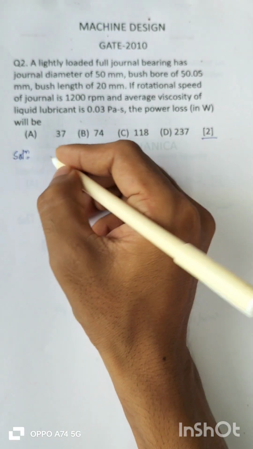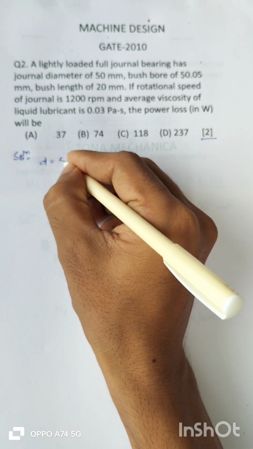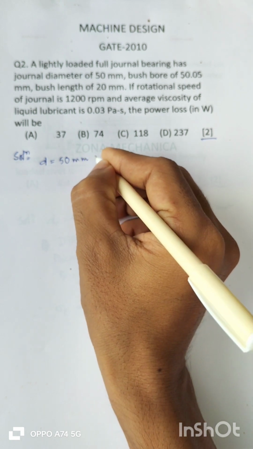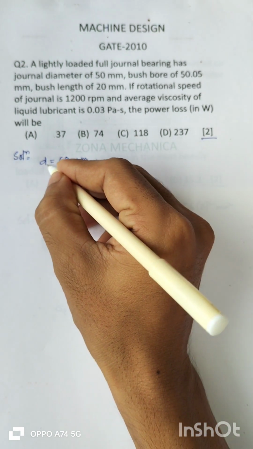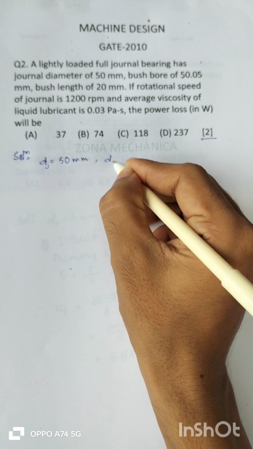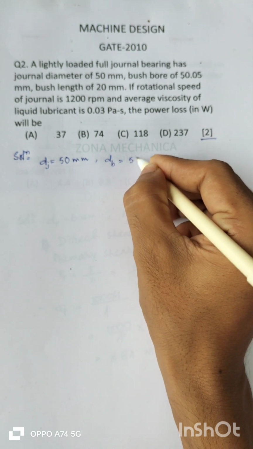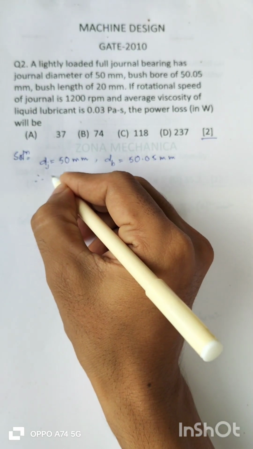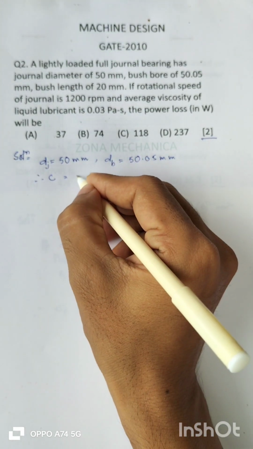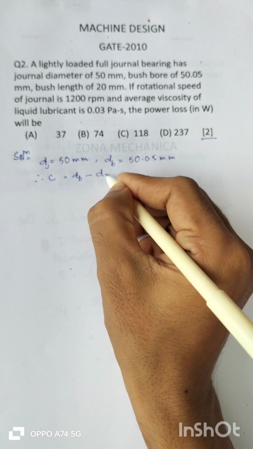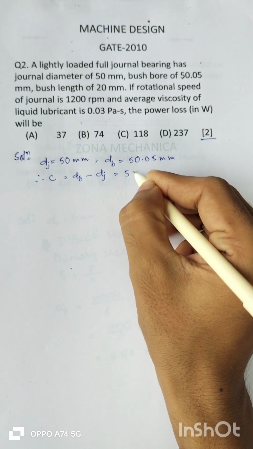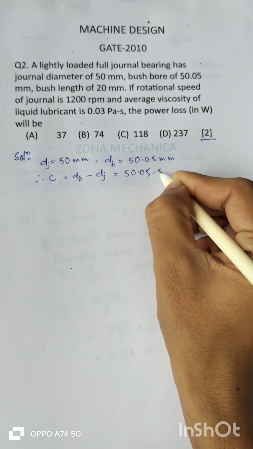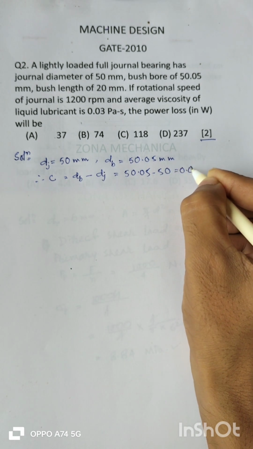So what are the data given? Journal diameter D is given as 50 mm. Bush bore diameter is 50.05 mm. So therefore the clearance C will be db minus dj, that is 50.05 minus 50, which is 0.05 mm.